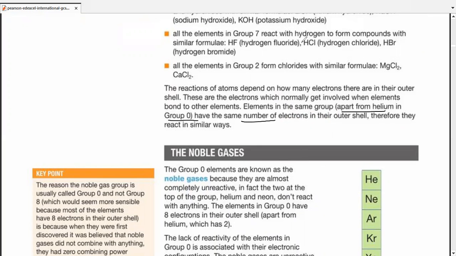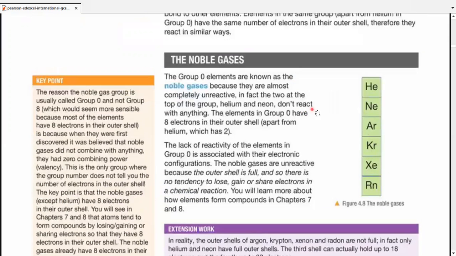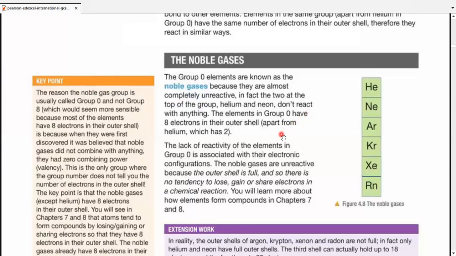Okay, so let's move on. Noble gases. This is the last group, group 0. We call them noble gases. The word noble means a good person, but in this case, noble means that the gases are completely unreactive.